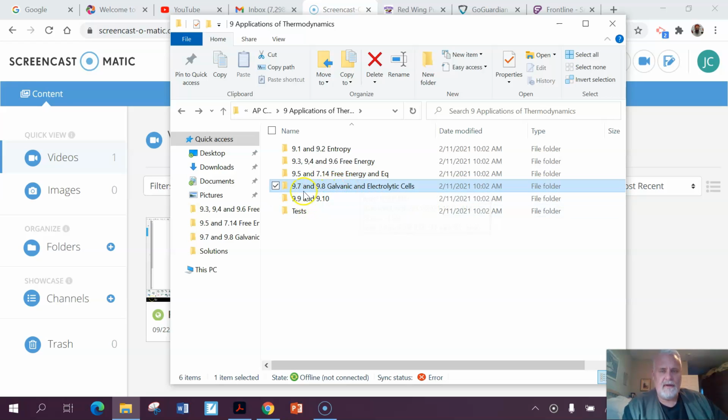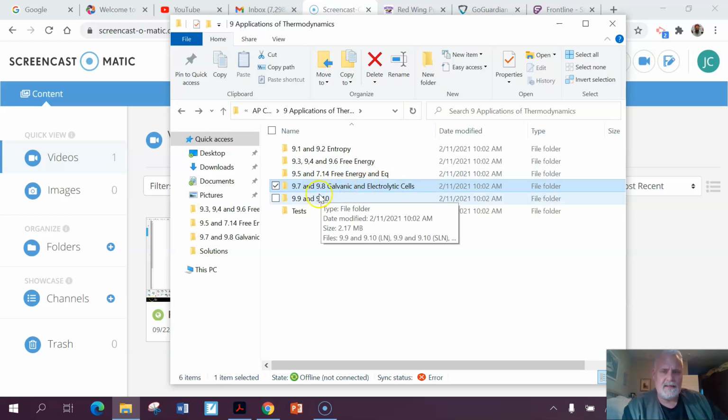You can see we have two units left here, and they're both pretty intense, so we're going to be breaking it up into two chunks. So we'll start this 9-7, and then we'll call the next one 9-9. We'll be starting that one on Wednesday.